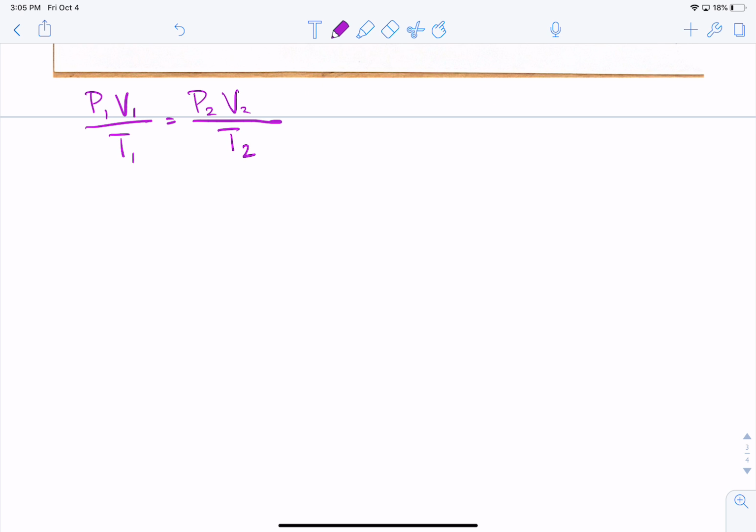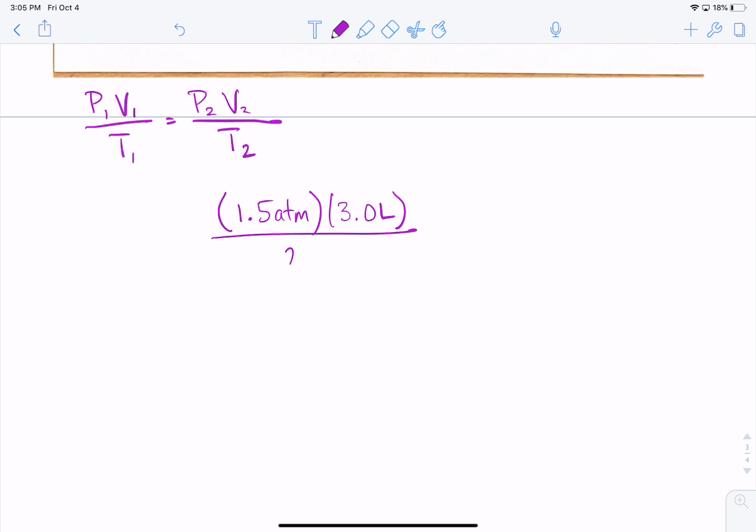And let's go ahead and start plugging in our values. P1 is 1.5 ATM. V1 is 3.0 liters. T1, we're going to put the value in Kelvin.